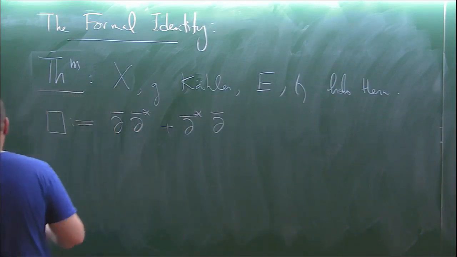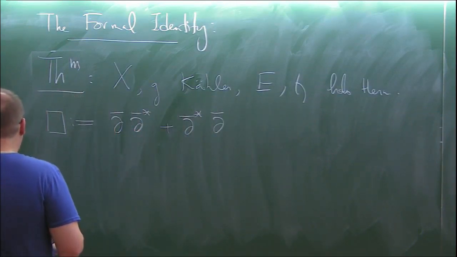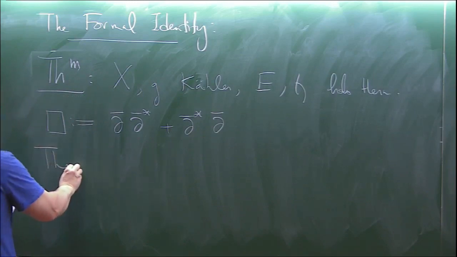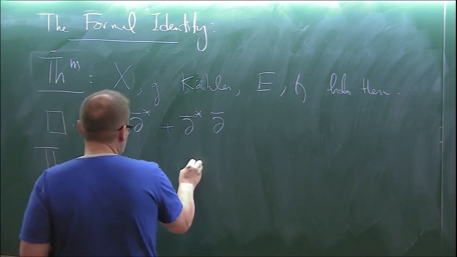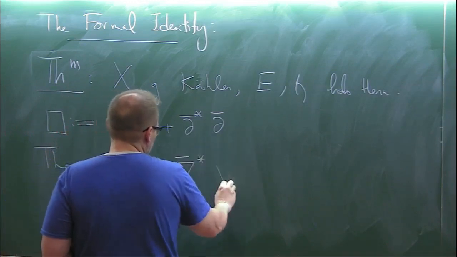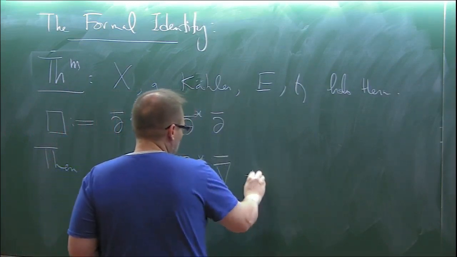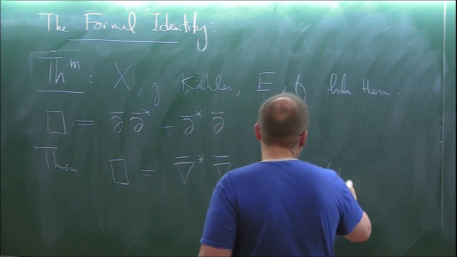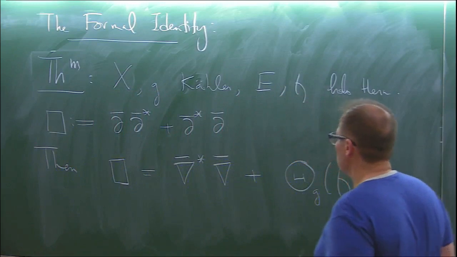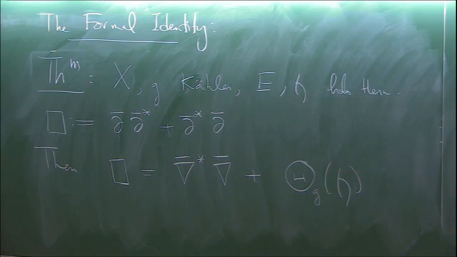This is the definition. And then the statement is that this box operator is the other Laplacian plus some zeroth order term, which I'm going to write in this way, and I'll tell you what this is right now.